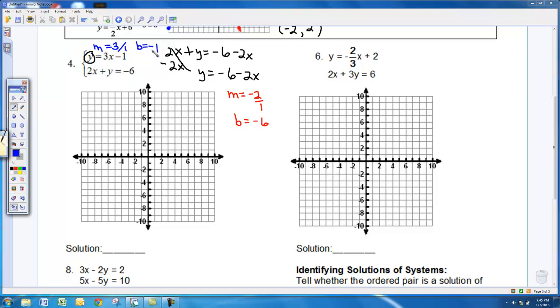Starting with the y-intercept of the first line, we're going to graph a -1 on the y-axis. We have a positive slope, so we will move up 3 and to the right 1. And again, graphing a lot of points so that it makes it very easy to see where the two lines intersect.